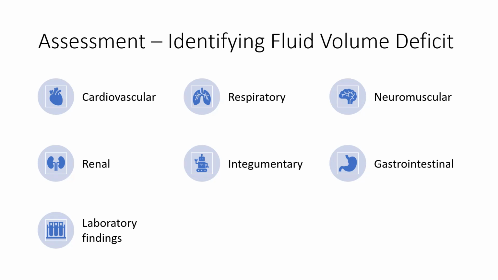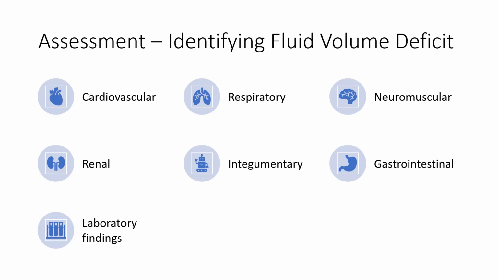When you're assessing for fluid volume deficit in the respiratory system, you will see an increased rate and depth of respirations and dyspnea. Assessing the neuromuscular system, you'll look for decreased central nervous system activity, like lethargy, tachycardia, skeletal muscle weakness, and fever, depending on the fluid loss.